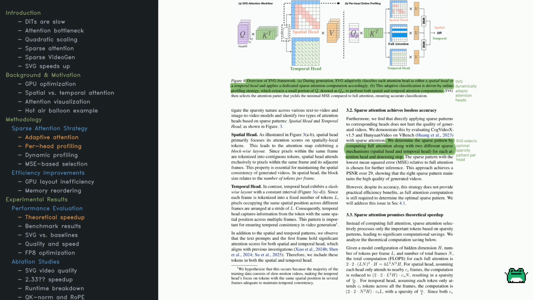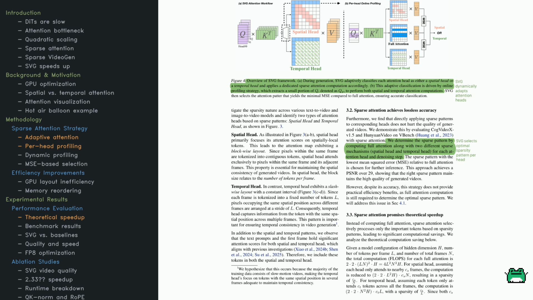In fact, they maintain a peak signal-to-noise ratio, PSNR, of 29, meaning the visual clarity remains high even when using selective attention. Beyond accuracy, this method also delivers massive speed improvements. Instead of performing full attention on every token, SVG reduces the number of comparisons significantly by applying sparsity rules.